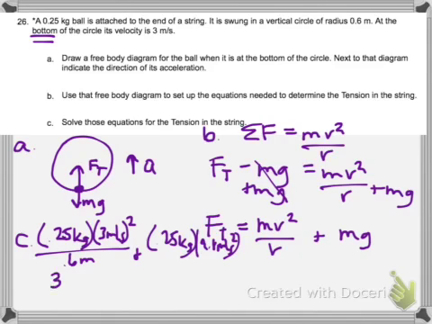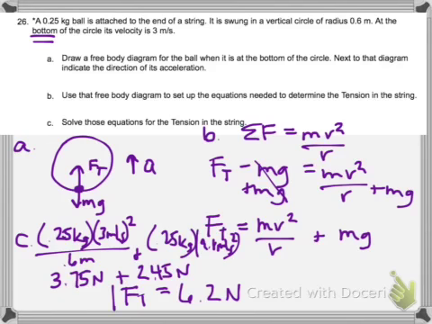Again, we can simplify down to 3.75 newtons, this time plus 2.45 newtons. So it's the same number value. However, last time it was subtracted, this time it's added. So this time we end up with a force of tension equaling 6.2 newtons. And so that is our answer for part C.